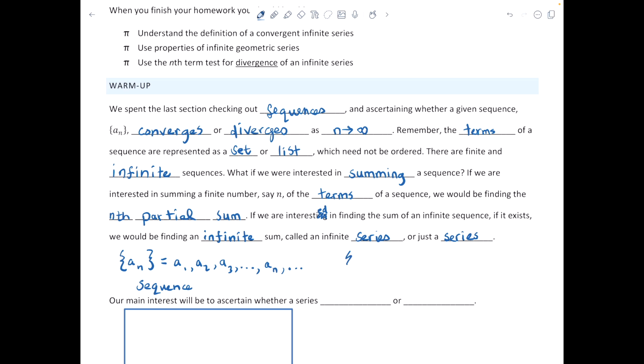And then an infinite sum would be if we put i as the subscript, starting at 1 going to infinity. This would be an infinite sum of a sub i. That would be a 1 plus a 2 plus a 3 plus dot dot dot plus a sub n plus dot dot dot, and you keep going. This is a series. You could also call it an infinite series.